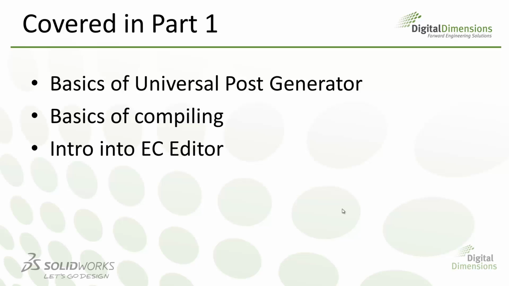At the end of the CADcast, I got into an intro to EC Editor, the text editor that's really friendly to customizing CamWorks Post Processors, how to manipulate it, and also how to compile a post that you've modified in the EC Editor. Again, I want to stress that anything I'm doing today, I'm assuming you've already watched the first CADcast, and we're going to build on top of that with Part 2.